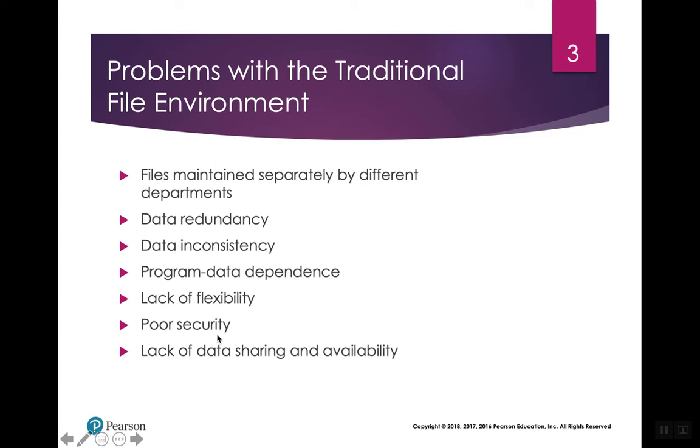For example, if something was backed up on tape and you took the tape, you took the data that was on it. And finally, there's no data sharing. There was no data availability. It was pretty much a one-to-one program-data relationship.